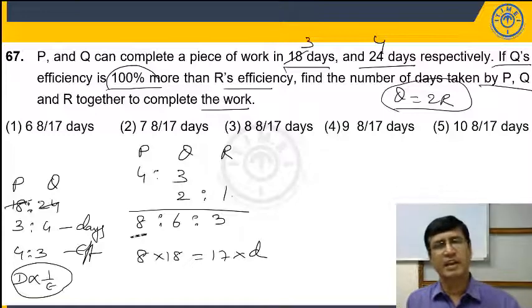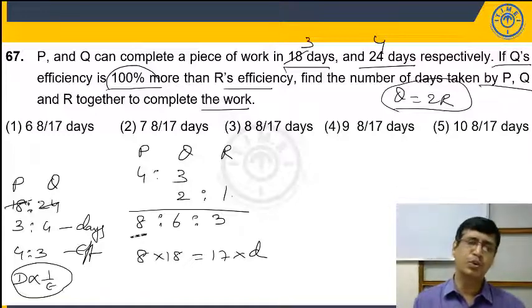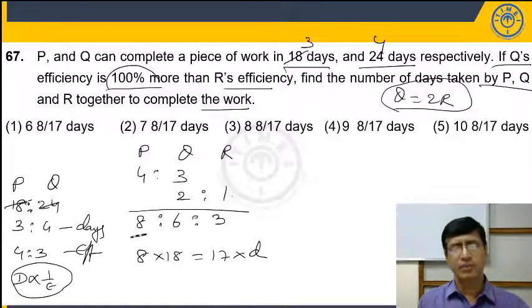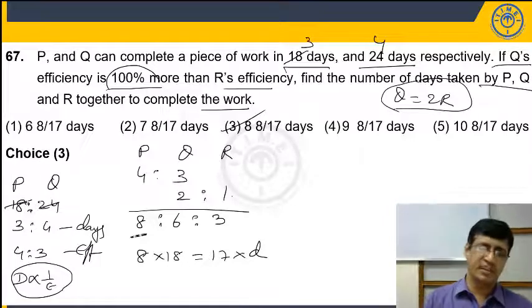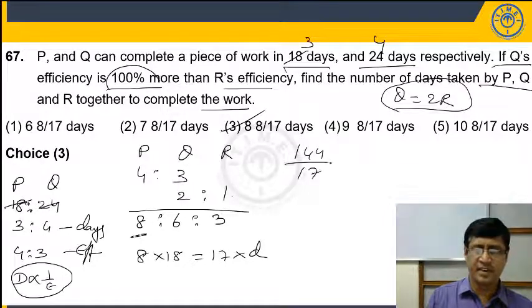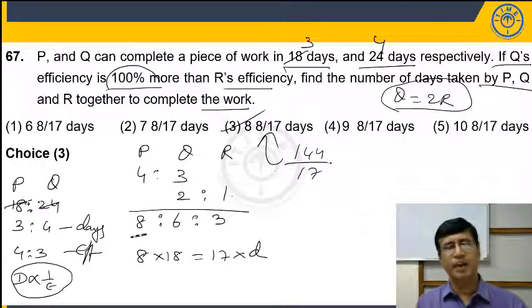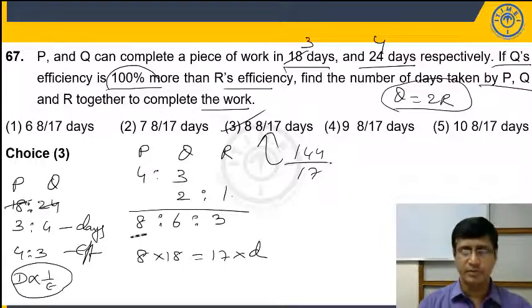I am using M1 D1 is equal to M2 D2. So efficiency and days are inversely proportional. On solving this, 8 into 18 is 144. 144 by 17. Option number 3, 144 by 17 is the value.